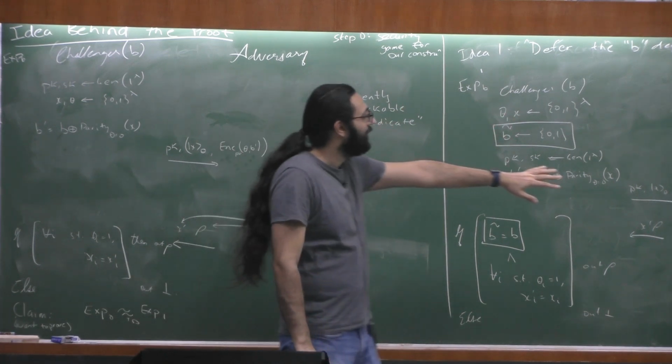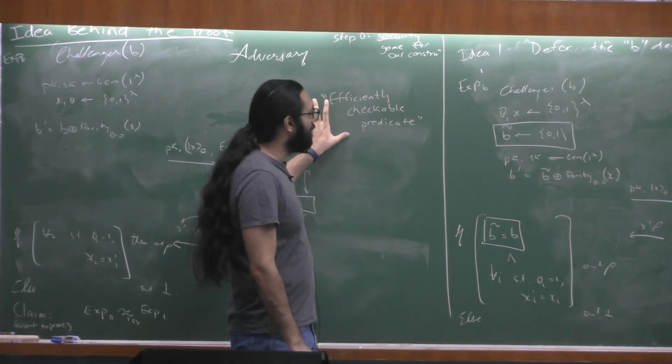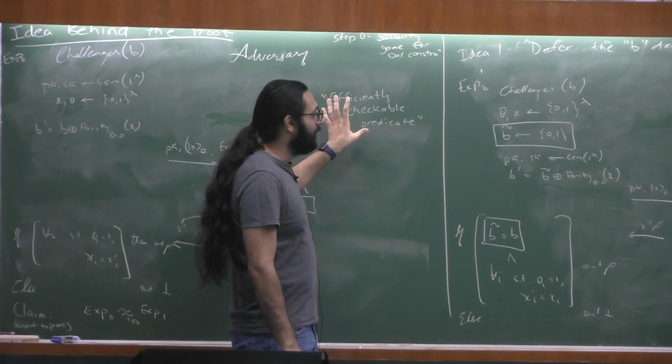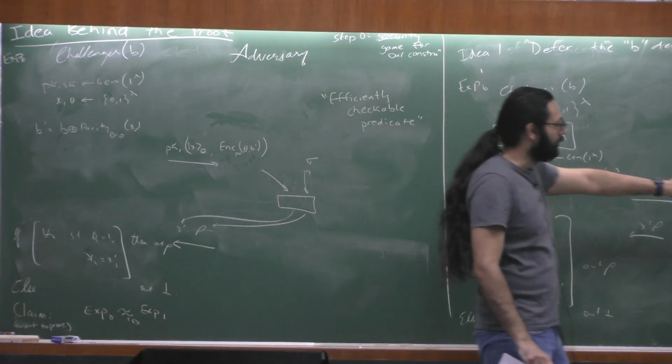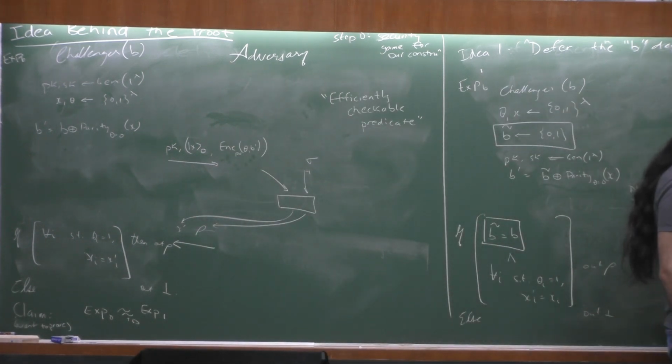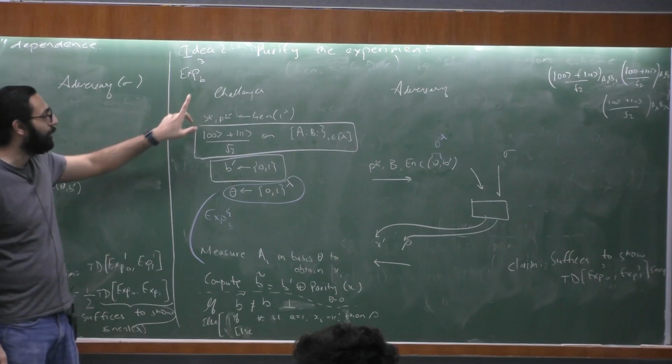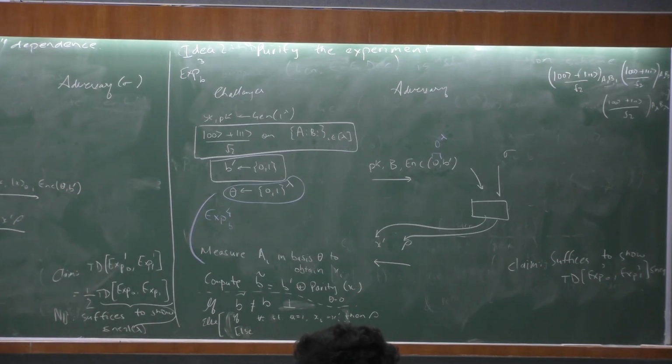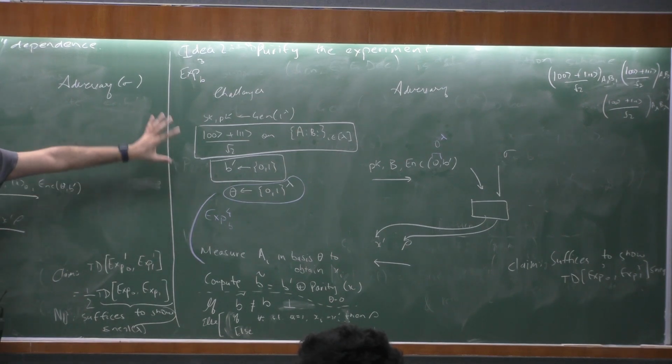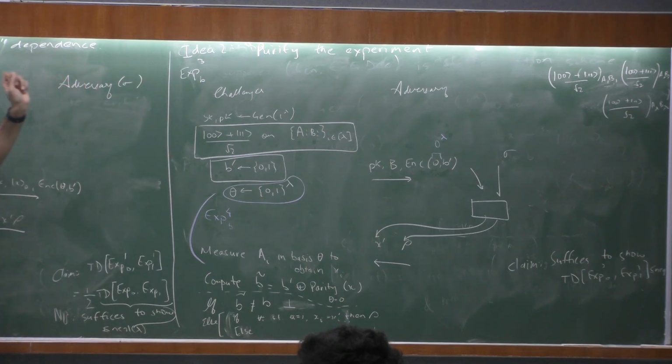So from that, you can construct a predicate which is efficient. You can compute it from the challenger of experiment 4 and the challenger of experiment 3. And you can argue that this efficiently checkable predicate must behave the same in both experiment 3 and 4, because if it does not, then you can break the security.